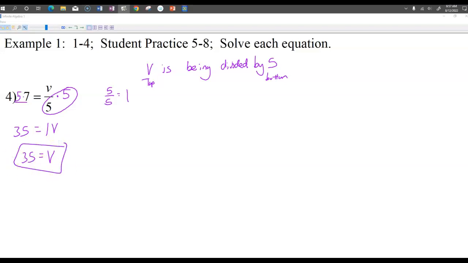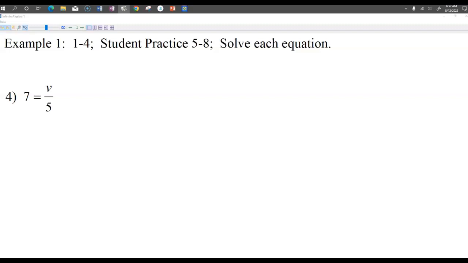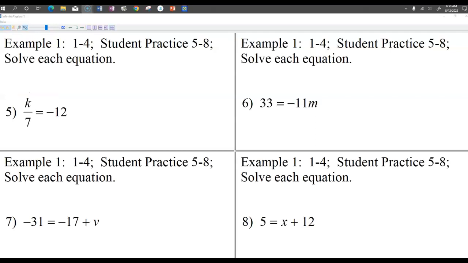So we did an example where you had a plus, a minus, a multiplication, and a division. And so those are all the different types of one-step equations that we're going to look at. All right, so I'm going to give you guys some to practice here. This is what I call student practice. With the student practices, I do want you to work on them, but it's not quite as important that you get really thorough with how much you write, because this is just an opportunity to practice what we just did.